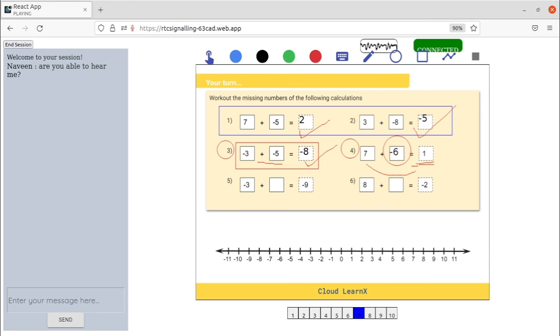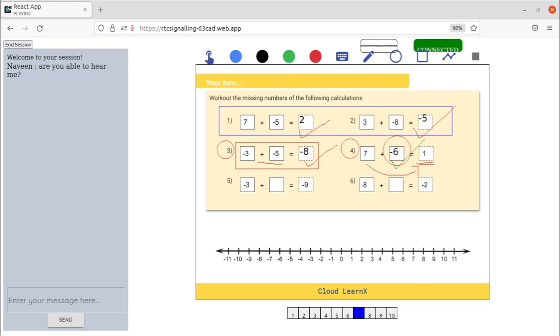So that's a good job that you identified that. From 7, it has decreased to 1. So definitely, like you said, it has to be what sort of a number? A negative number. And how did you find out it is negative 6? I jumped until I reached a positive 1.